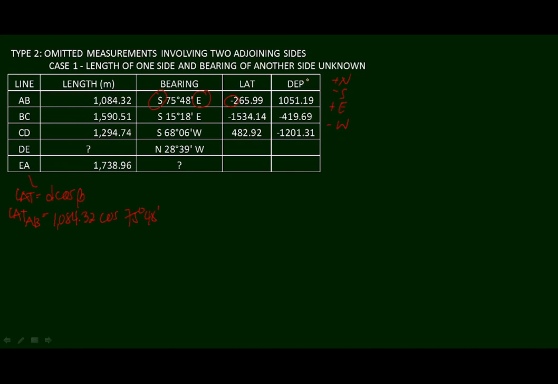How did I solve for the departure? Again, for the departure, that is equal to distance times sine of your bearing. So for the departure of AB, that is simply equal to your distance, 1084.32, times the sine of my bearing, 15 degrees 18 minutes.